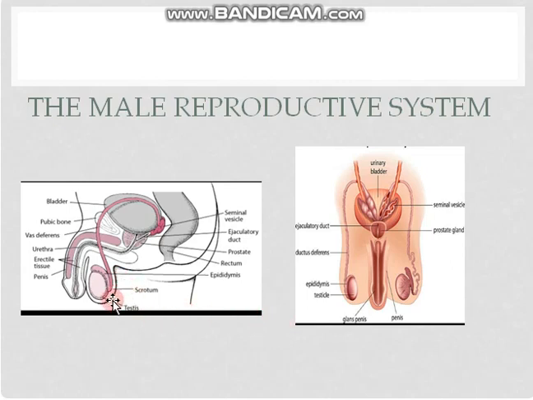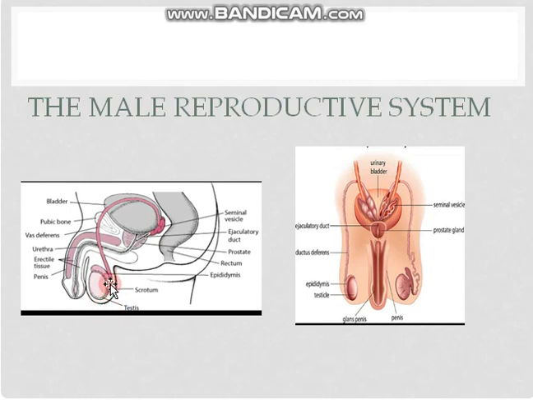The scrotum is what houses the testes, and the main function of the testes is to produce sperms or male sex cells. Let's come to the scrotum itself. Its function is to protect the testes.